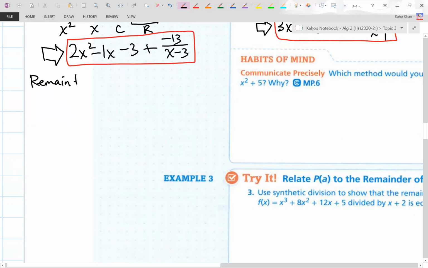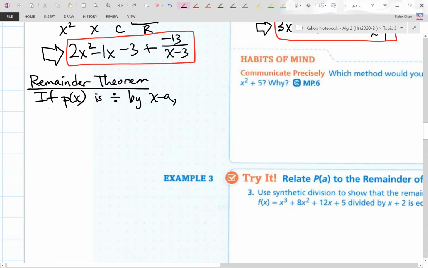I'll throw a couple of theorems at you that are very big in algebra. One's called the remainder theorem. If your function, call it p of x, is divided by x minus a, then the remainder is the function throwing the a value into it.